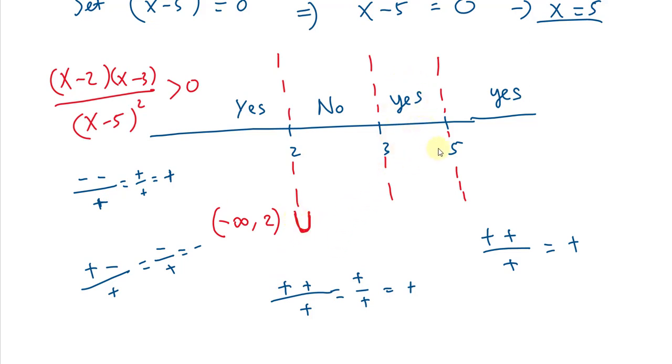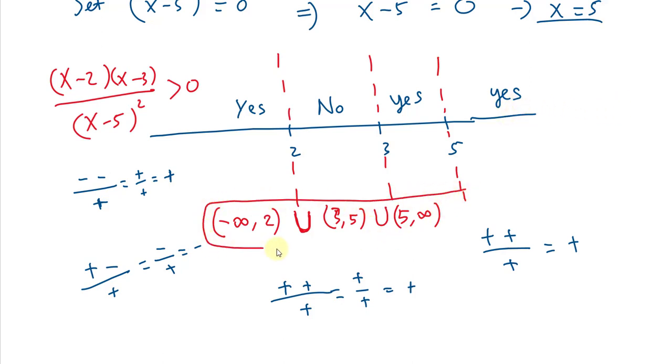And then this area, 3 to 5. 3, 5. And then union with the rest. 5 go to infinity, all the way to the right. Okay. And that is the domain of this log expression.